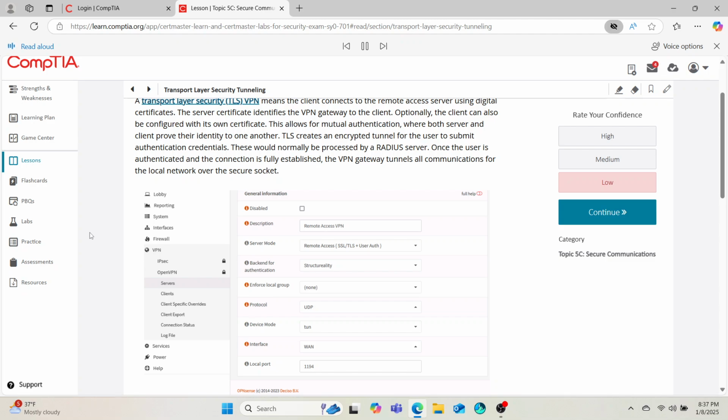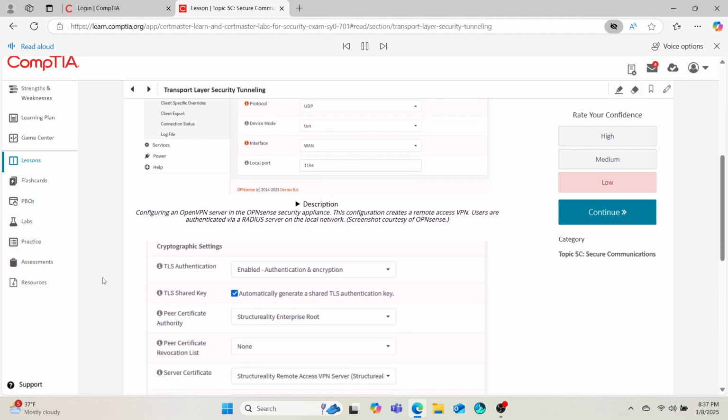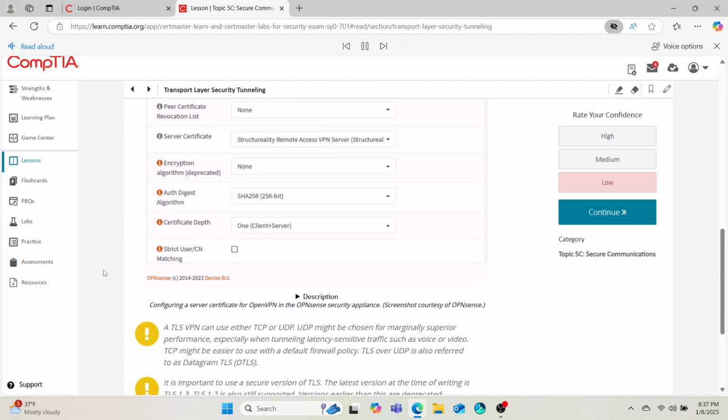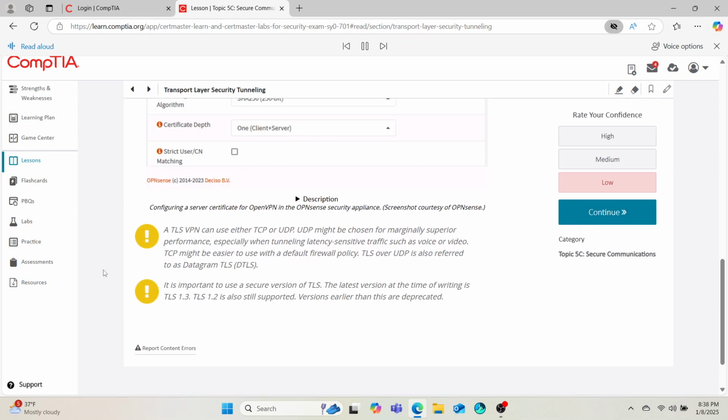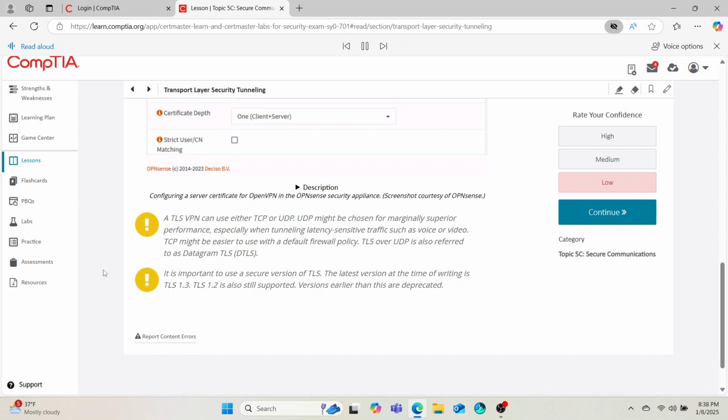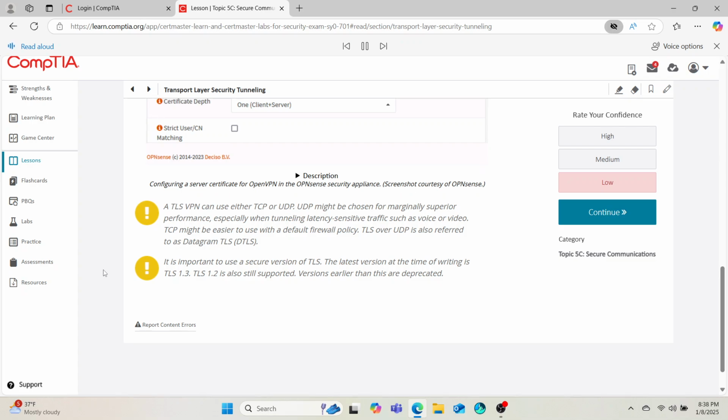Description. The cryptographic settings are as follows: TLS authentication, enabled authentication and encryption. TLS shared key, checked in checkbox, automatically generate a shared TLS authentication key. Peer certificate authority, enterprise root. Peer certificate revocation list, none. Server certificate, remote access VPN server.